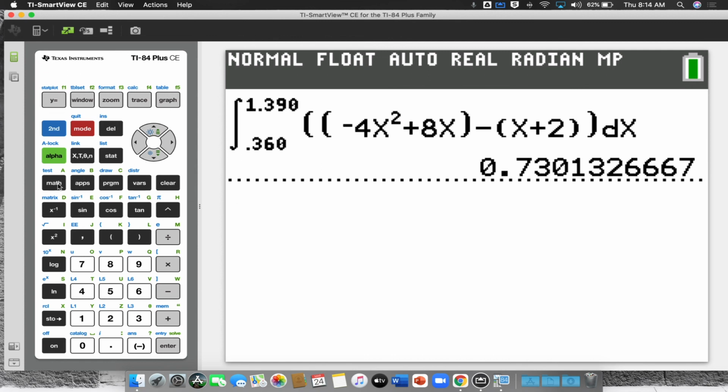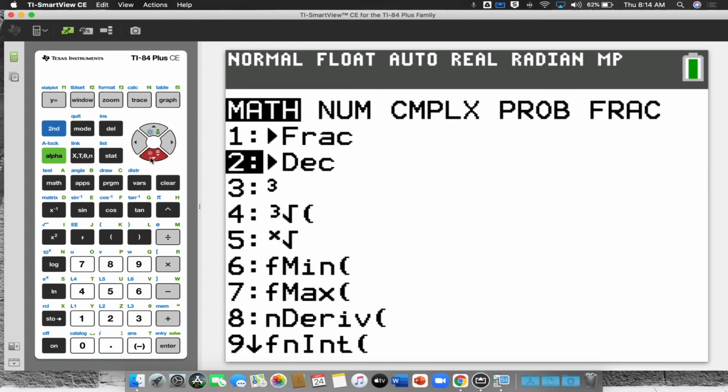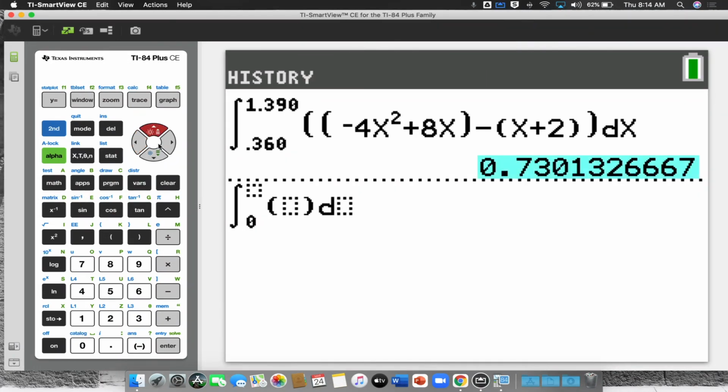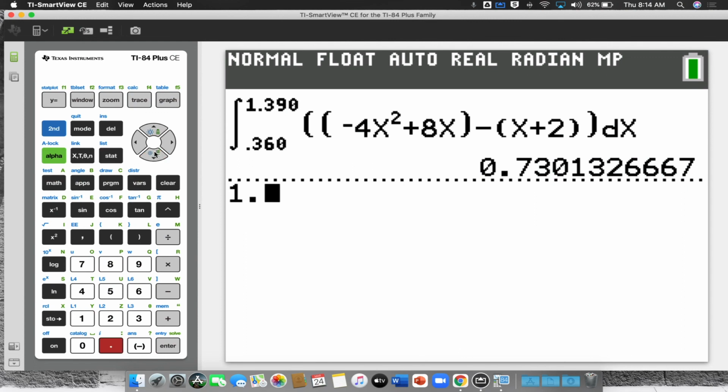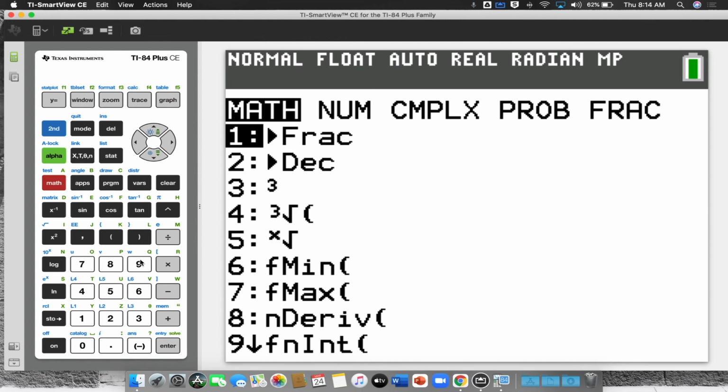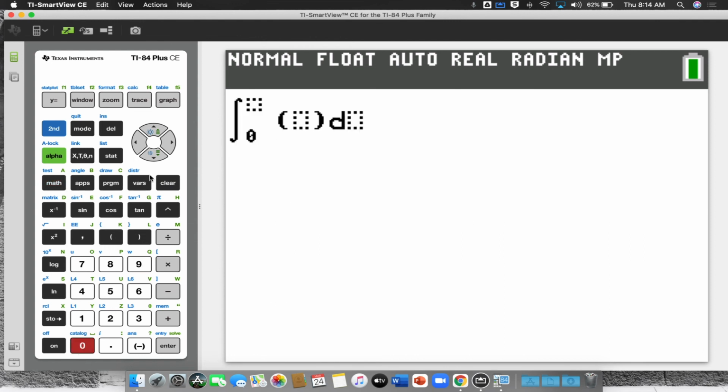Okay, so let's see here. That'll be R1. So then we got to go calculate R2. I don't think we're going to have time to calculate R2 today, but at least we'll have R1. So math, integral from 0 to 1.660.